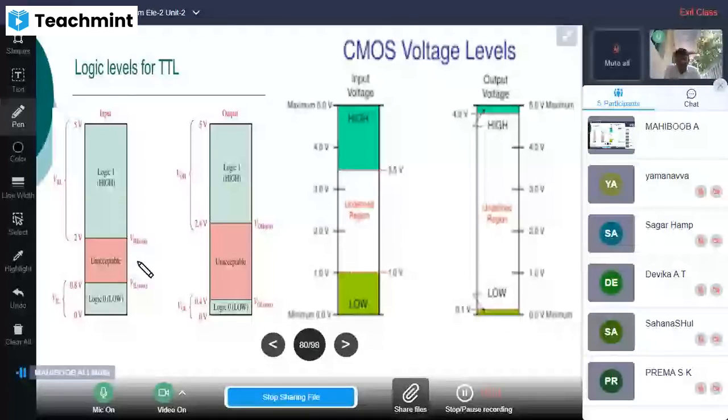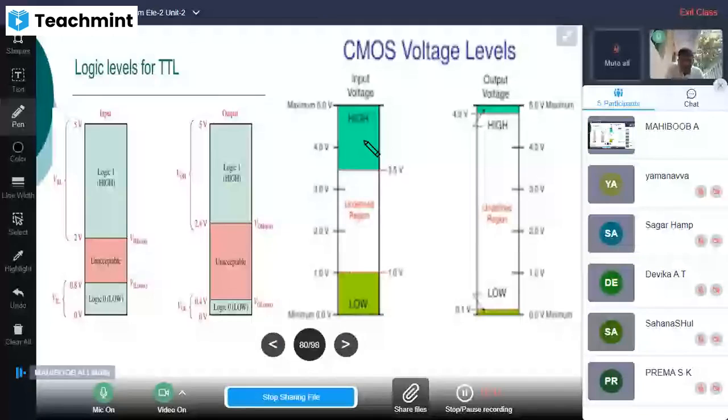I is for input, O is for output. VOL maximum is 0.4 volts, so 0 to 0.4 volts is low, in between is unpredictable, and 2.4 volts is VOH minimum. This is called VOH, this is called VOL, this is called VIH, this is called VIL. In this way, logic levels for TTL and CMOS are distributed.